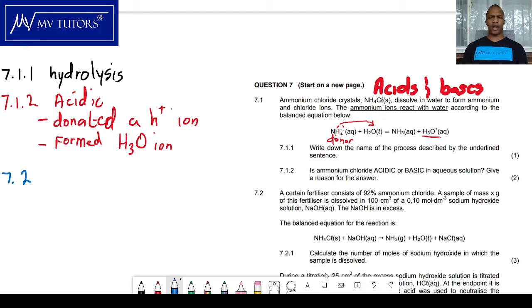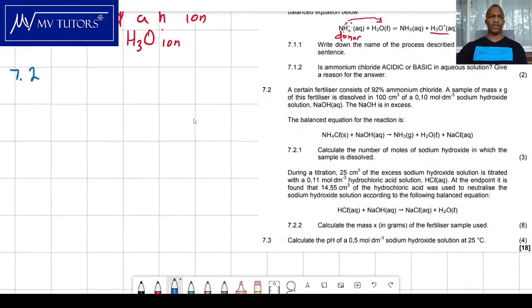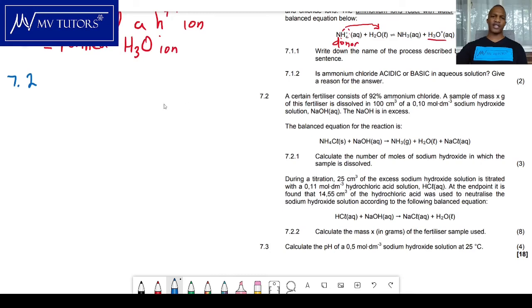So what I want us to do here is actually let's draw out what's happening so that we can better understand the question. So it looks like we have a box of fertilizer. This is fertilizer, right?